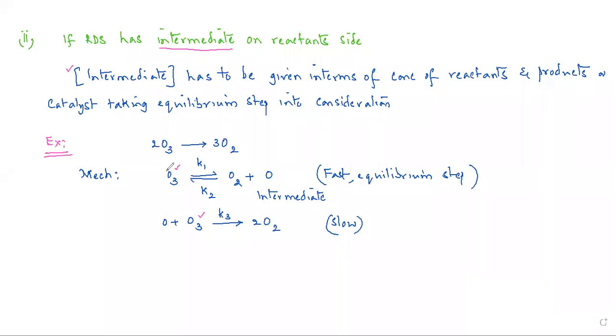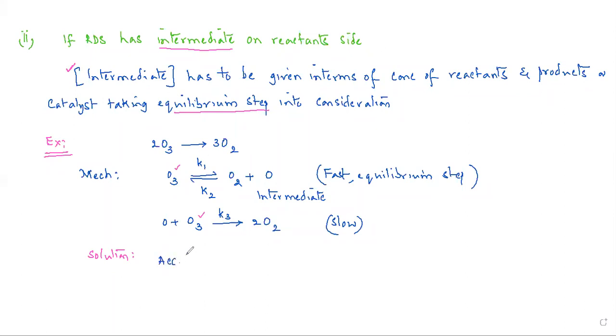So in this case, we need to consider the first equilibrium step, from which we will be calculating the concentration of the intermediate. Let us now take the rate determining step.